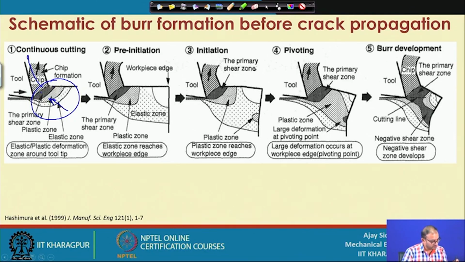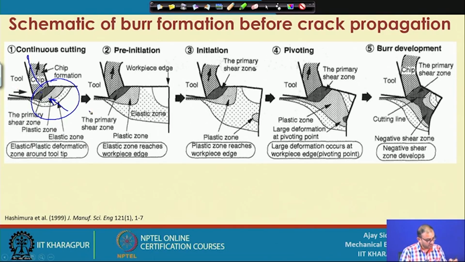That means the material is not deformed directly at the shear plane, but the deformation is initiated much before the shear plane, and that initiation will continuously convert in terms of the shear plane angle. So, that is what is shown here: the elastic-plastic deformation zone around the tool. This is the elastic zone, the plastic zone, and this is the shearing zone.